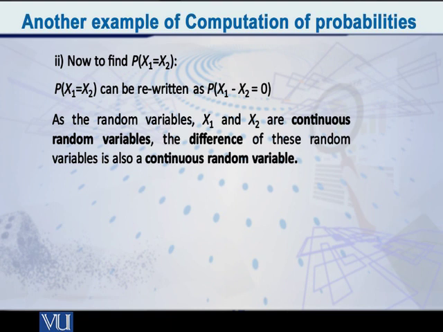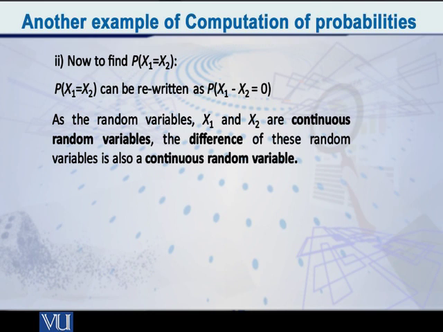Now, since the random variables x1 and x2 are continuous random variables, therefore their difference is also, my dear students, a continuous random variable. ये जो difference आया ना, this is also a continuous random variable.